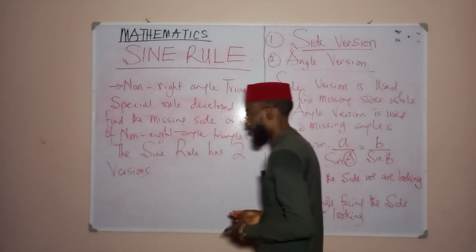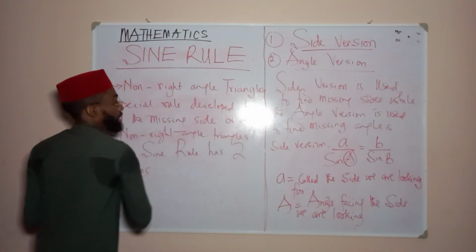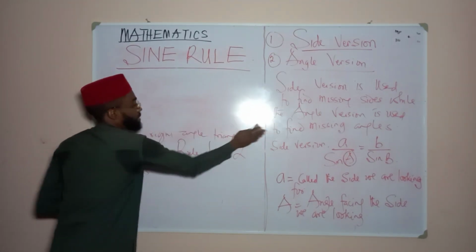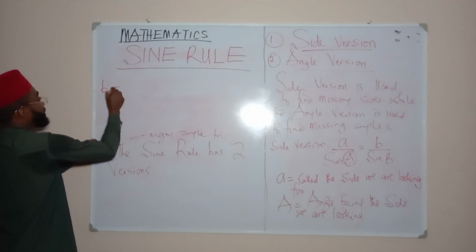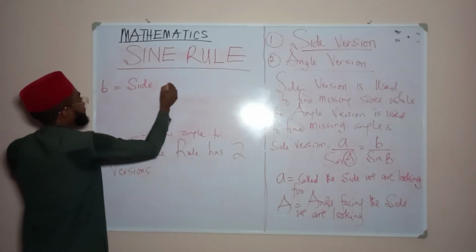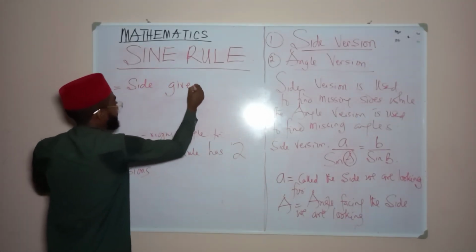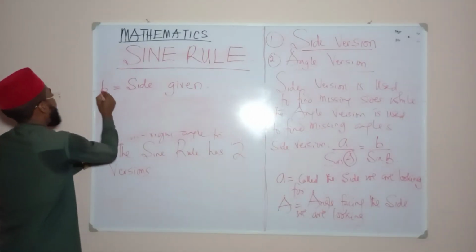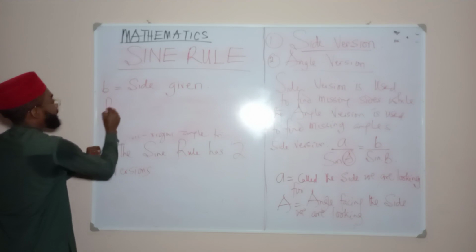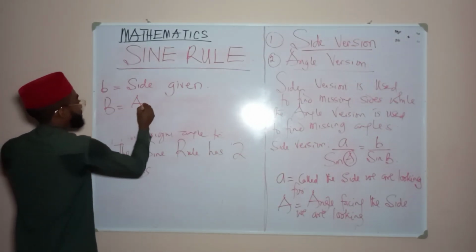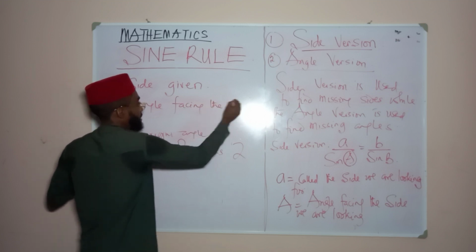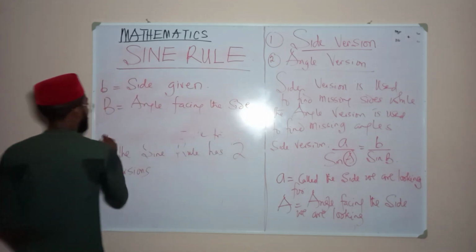We'll go over to the other side. Small letter b is the side given, because a side will be given, and capital letter B is the angle facing the side given.